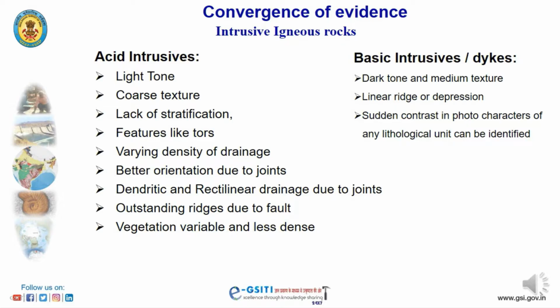Outstanding ridge due to fault. Vegetation is variable and normally less dense. Whereas in basic intrusive dikes, darker tone and medium texture is visible, forming as a linear ridge or depressions. A sudden contrast in image or photo characters of any lithological unit can be identified.